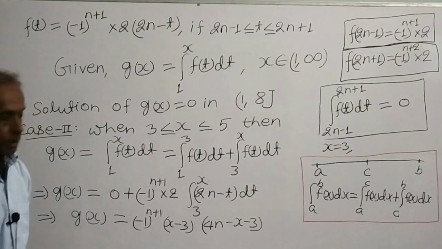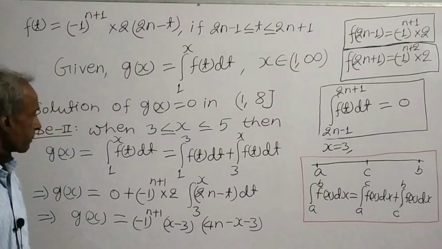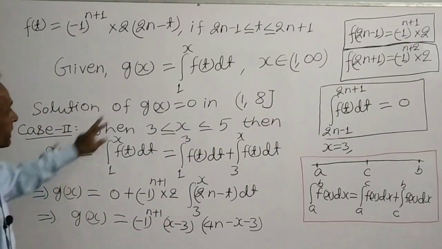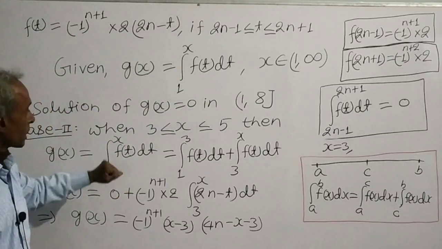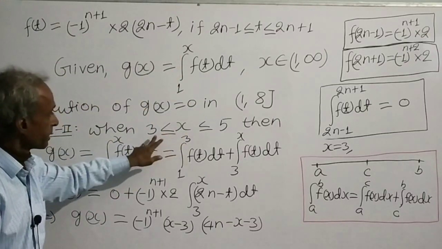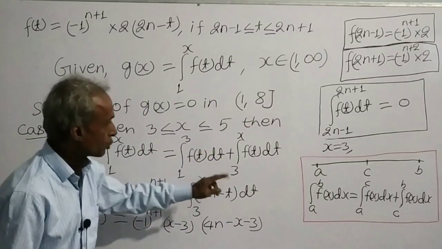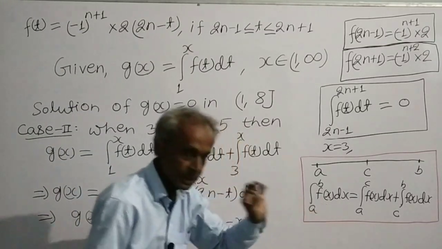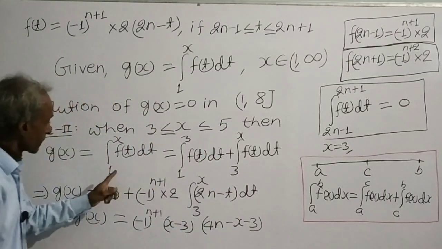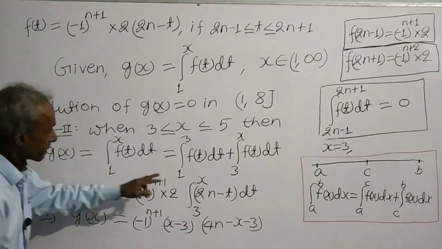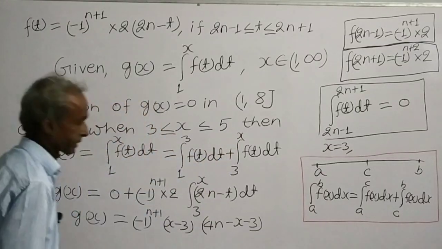Case 2. When x lies from 3 to 5, then g(x) is the integral from 1 to x, but x lies between 3 and 5. By using this property of definite integrals, we can write the integral from 1 to x as the integral from 1 to 3 plus the integral from 3 to x.